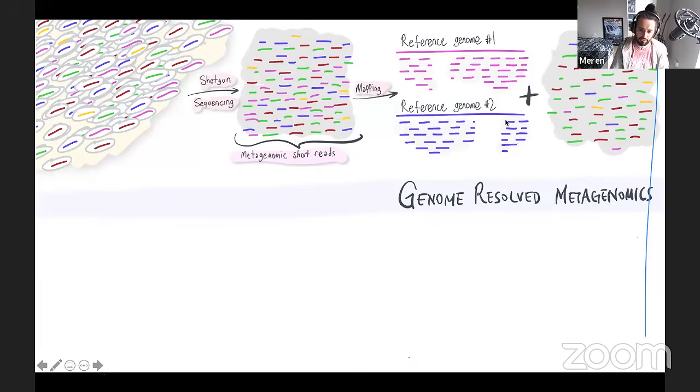Because as we know, using our commonly used strategies to grow microbes, we're unable to grow every microbe from every environment. There are many microbial populations that are yet to be characterized in our culture collections.